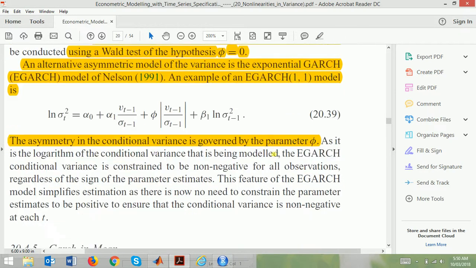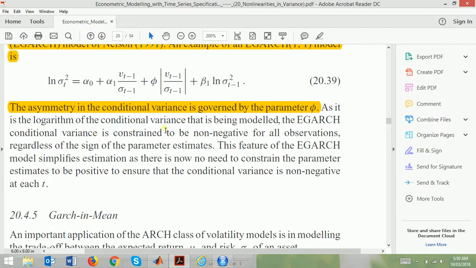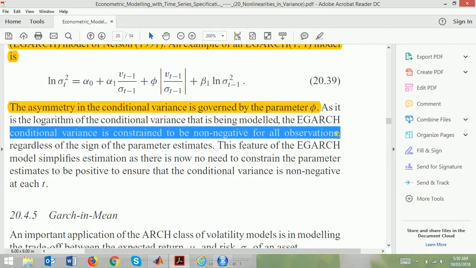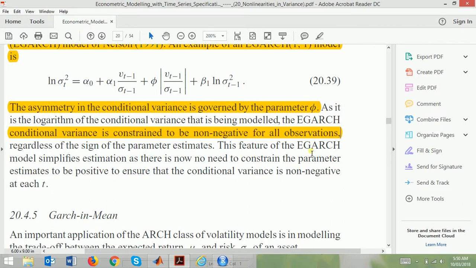As it is the logarithm of the conditional variance that is being modeled, the conditional variance is constrained to be non-negative for all observations. Because of the logarithm, the conditional variance is non-negative regardless of the sign of the estimates.